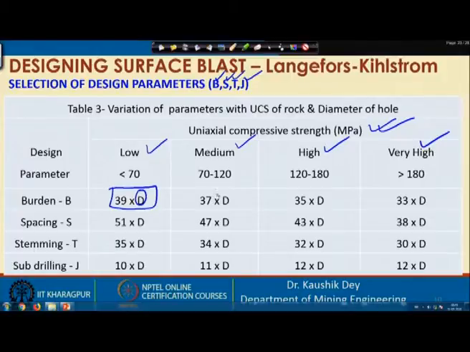And you can see for low strength rock the burden comes around 39 D, and in medium the burden value is decreasing, in high further decreasing, in very high again decreasing. So, basically the burden value is decreasing with the strength of the rock. Stemming value is also decreasing, but not that significantly: 35, 34, 32, 30.